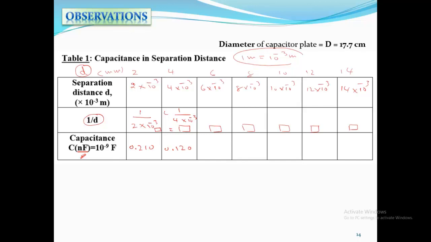Okay, for 6 I have this one. For 8 I have 86, and for 10 I have 0.080.